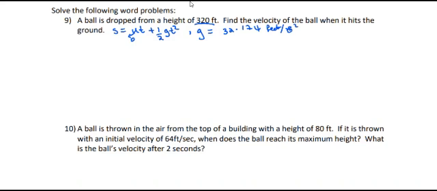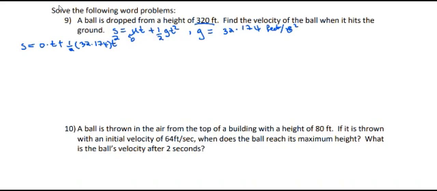So since we have this, we can find the time it takes for this whole thing to happen. If we write s is equal to 0, because the initial speed is 0, times t, plus 1 over 2 times g, which is 32.174, times t squared.